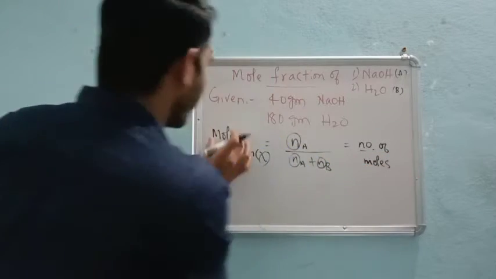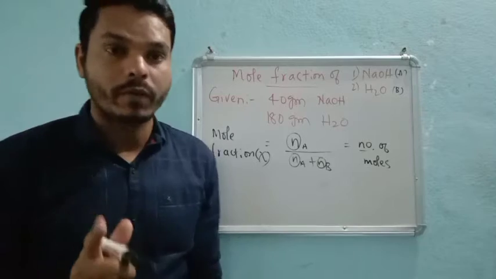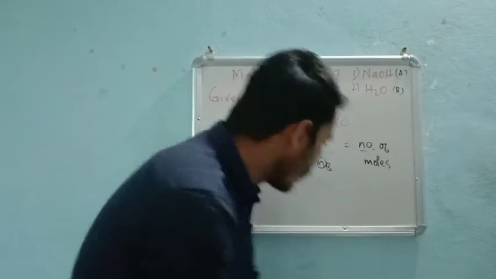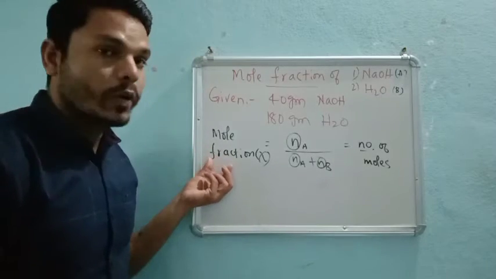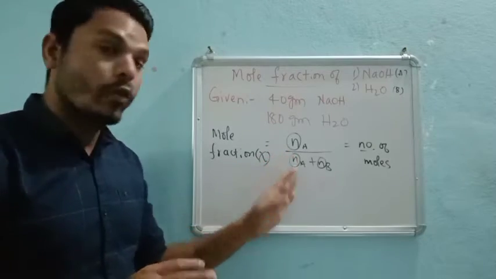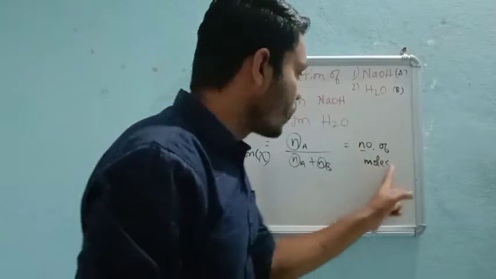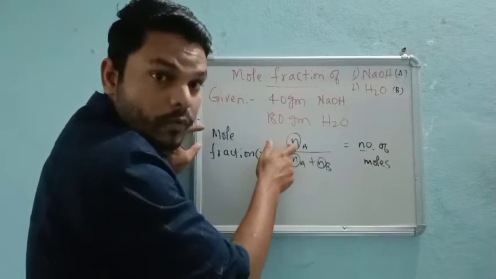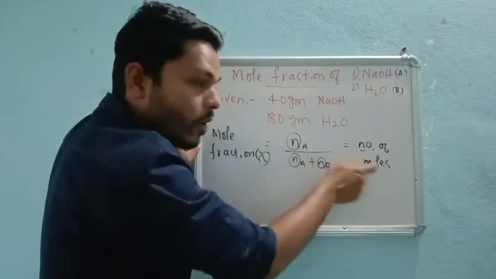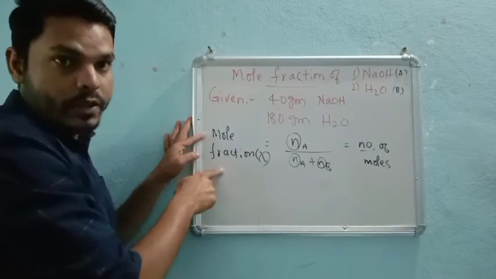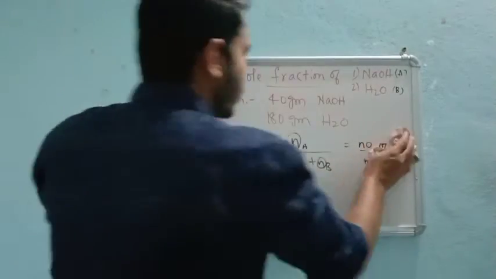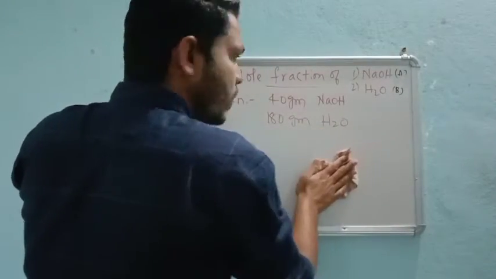So directly we cannot calculate the mole fraction, which is very important. Before going to mole fraction, we need to calculate the number of moles first. After calculating the number of moles, only then can we go for the mole fraction. Understood? This is the problem.